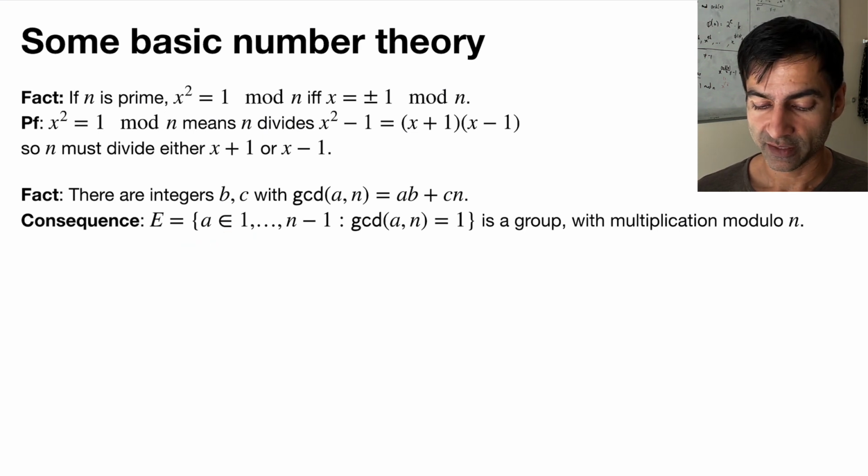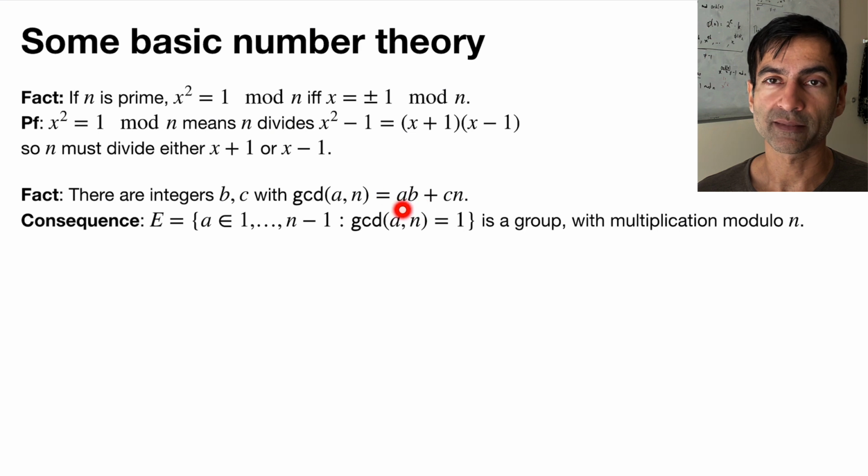Because this set of numbers has a feature that here you have 1, so for every such number a, it has a multiplicative inverse modulo n. A times b must be equal to 1 modulo n by this equation. So the set of numbers that are relatively prime to n form a group under multiplication modulo n.